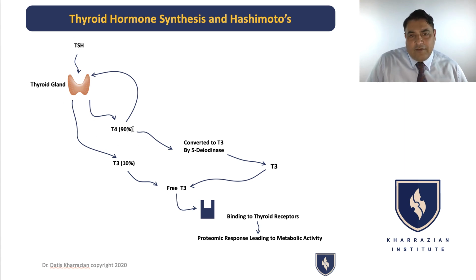So what you're seeing in this diagram is the T4 levels being converted to T3, and then at some point these protein-bound T3 levels become free, and no one really knows why.